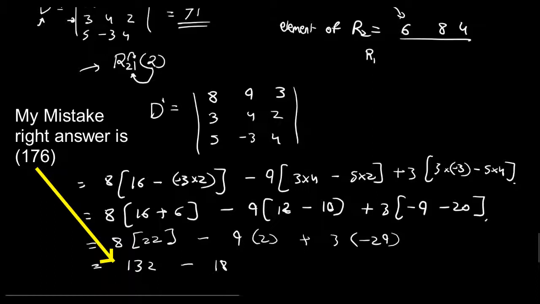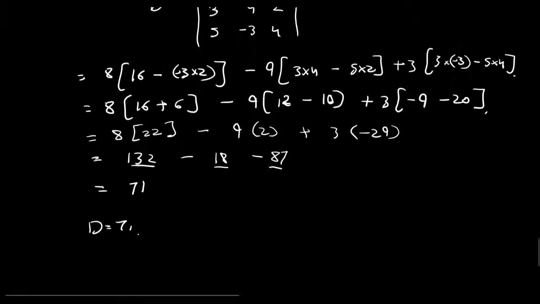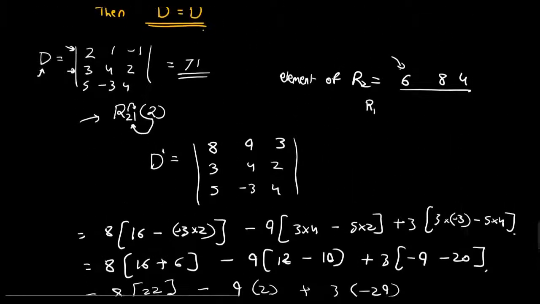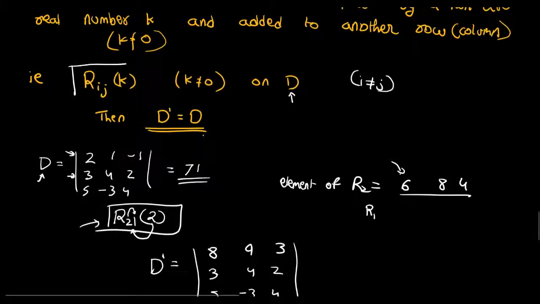And 29 times 3 is 87, but with a negative sign. So when we subtract these from this one, what do we get? Yes, we get 71 only, which is the value of our original determinant. So we can say that the value of the new determinant doesn't change if we perform this operation on the given determinant.